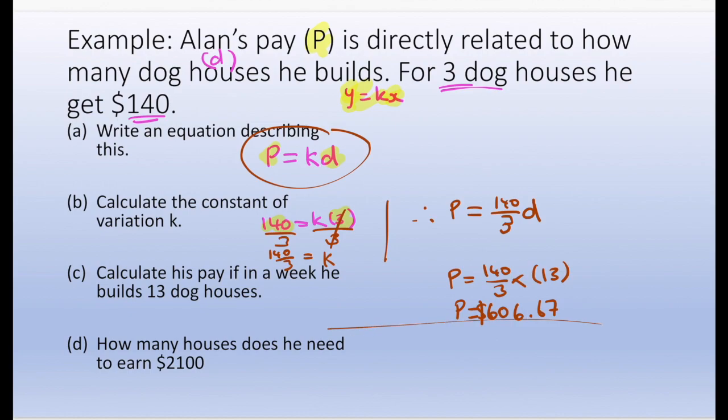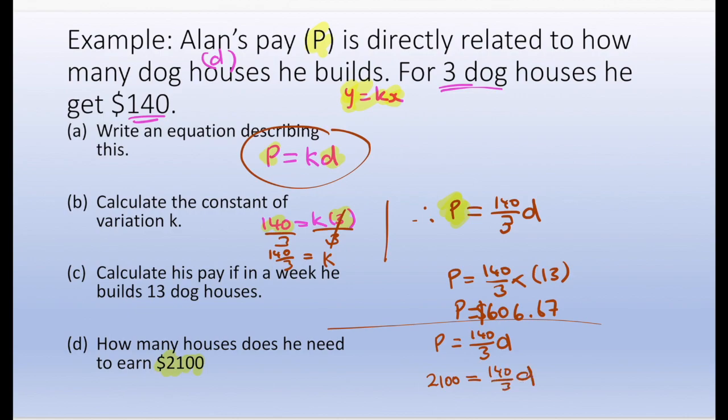How many houses does he need to build to earn $2,100? Well, $2,100 would be his pay. So instead of P, let's write the formula down. 140D over 3. Let's put 2,100 there. 2,100 equals 140D over 3.